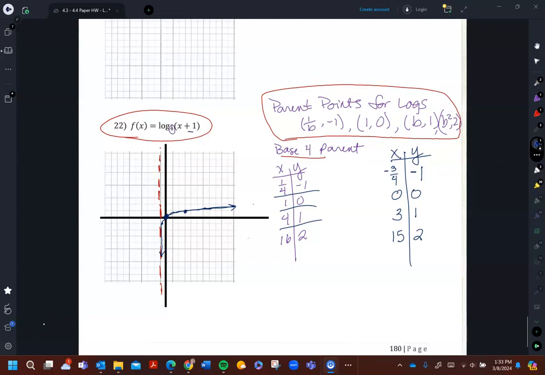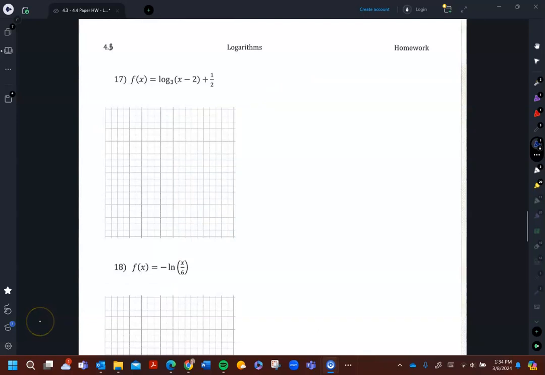I'm going to do another one that has more pieces going on with the transformations. So I'm going to also do number 17. So again, we want to have our key points. Our parent would be y equals log base 3 of x. So I can jot down my values here just really quick.